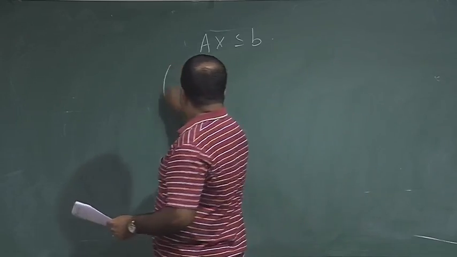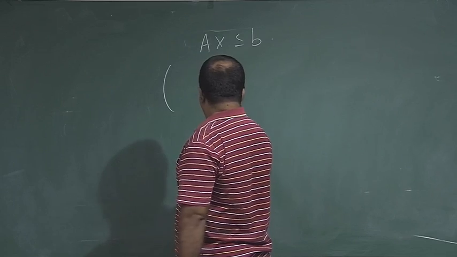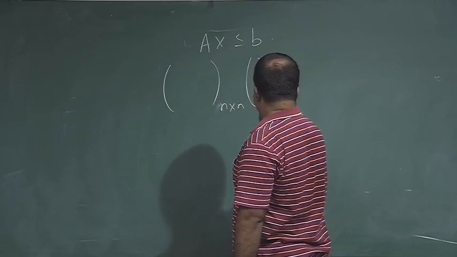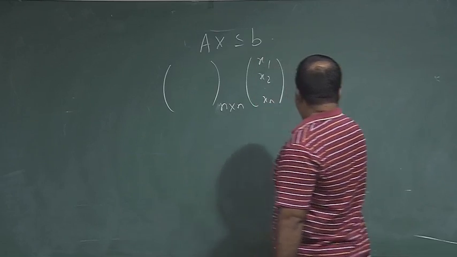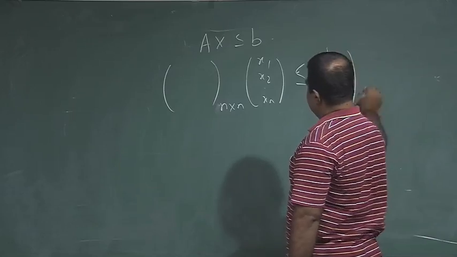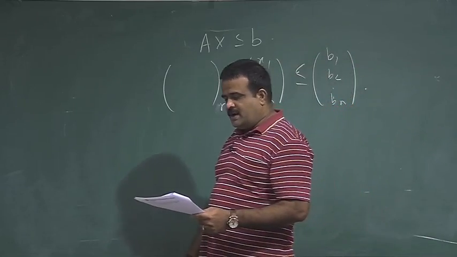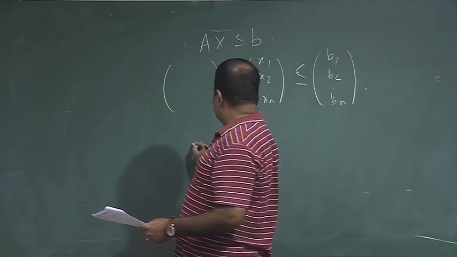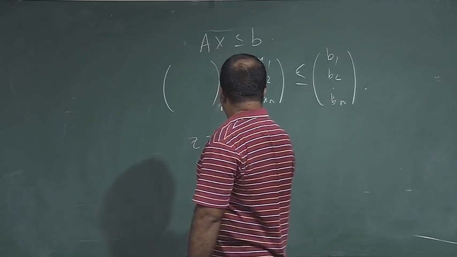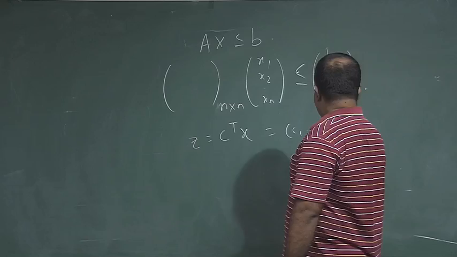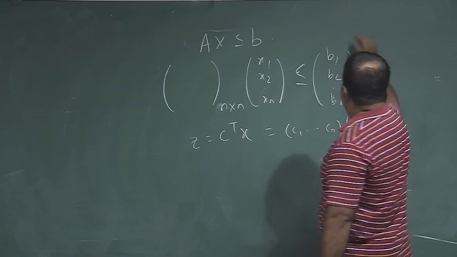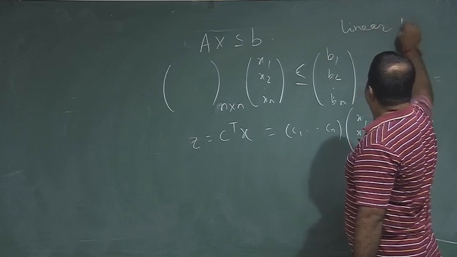Say the matrix is m by n, or for simplicity n by n, and we have a vector x1, x2, ..., xn which is less than or equal to b1, b2, ..., bn. These are the constants, and then we have to maximize or minimize some objective function c prime x, with c1, c2, ..., cn. So this is a general LPP, linear programming problem.